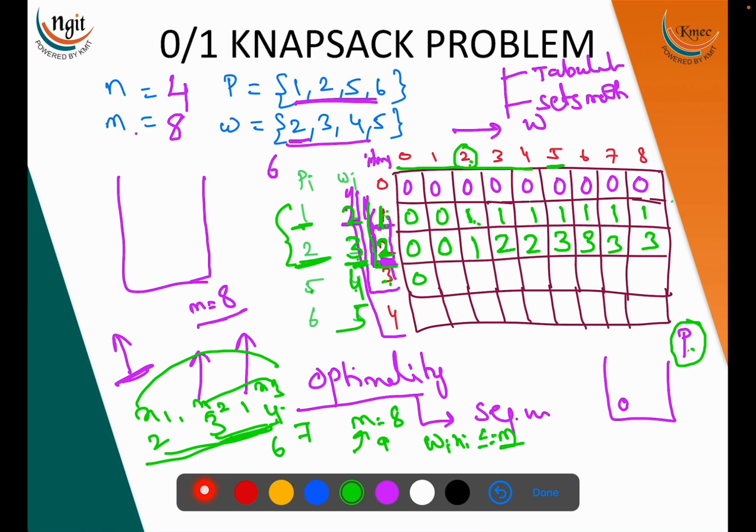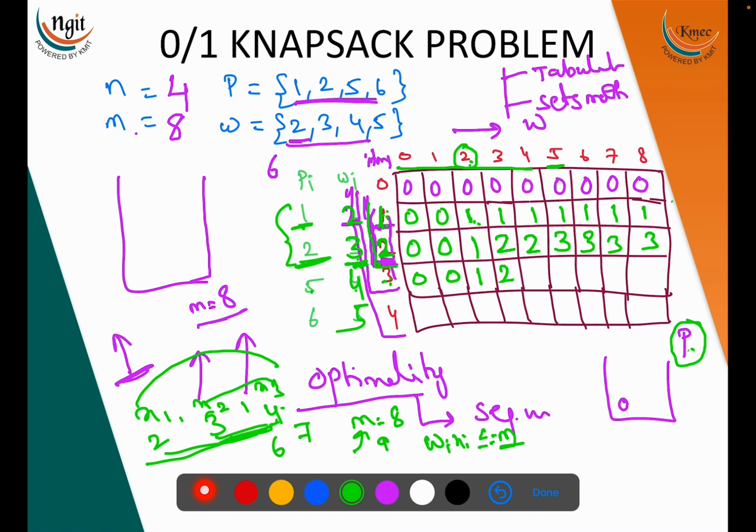So obviously these values will be 0 because no item has one weight, so we'll keep the previous values we have. Now this is also the same, because when the weight of the bag is 2, we'll place the first object. When the weight of the bag is 3, we'll place the second object. Now come here.